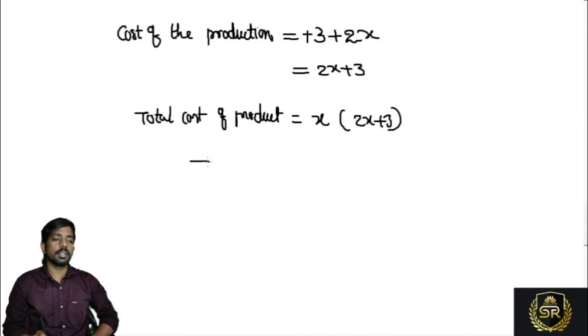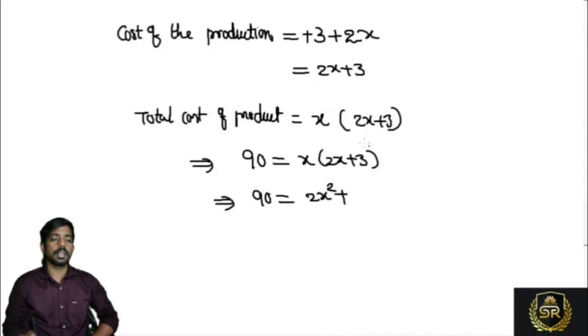So 90 equals x into 2x plus 3, which is 2x square plus 3x. So from here we can say 2x square plus 3x minus 90 equals 0.